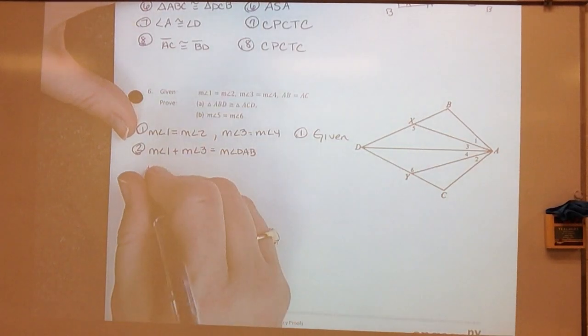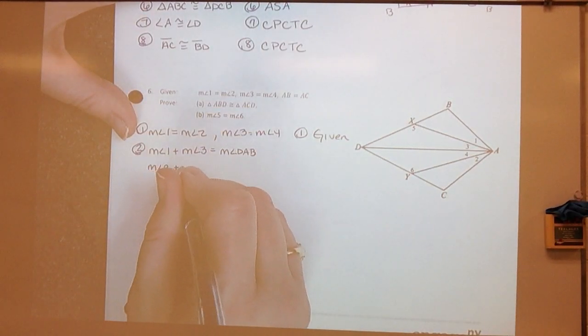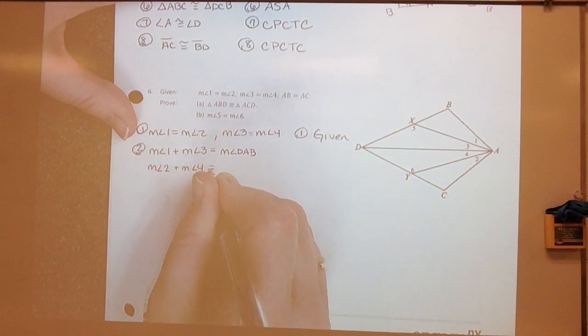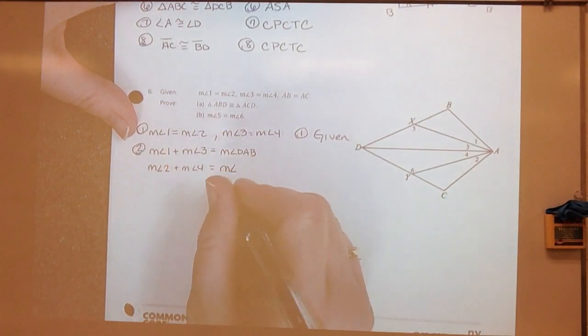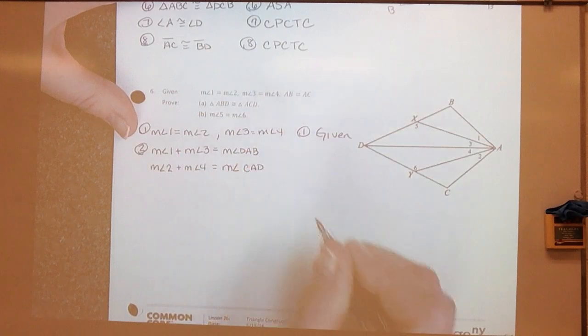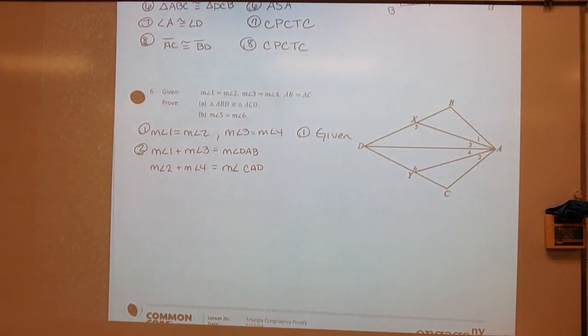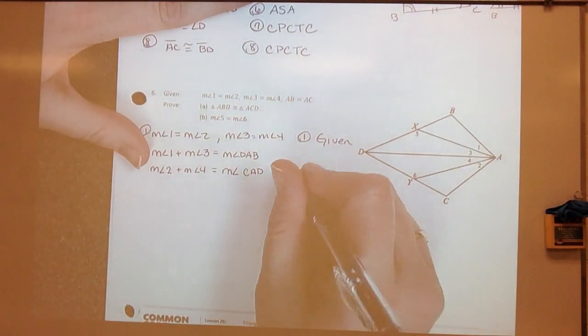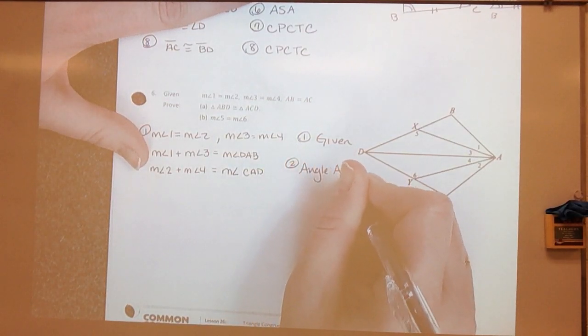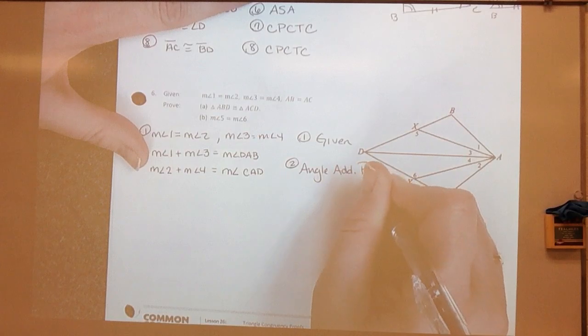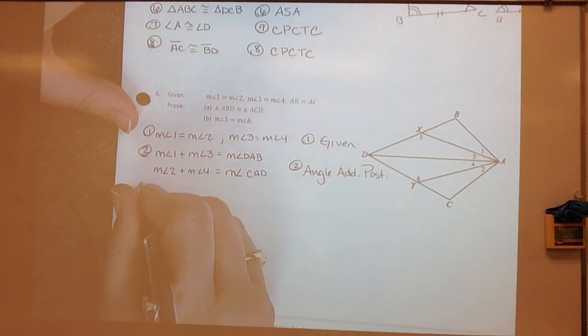And I know that the measure of angle 2 plus the measure of angle 4 would give me the measure of angle CAD. And that is simply the angle addition postulate.